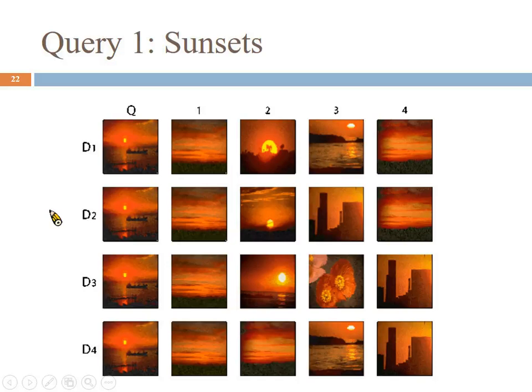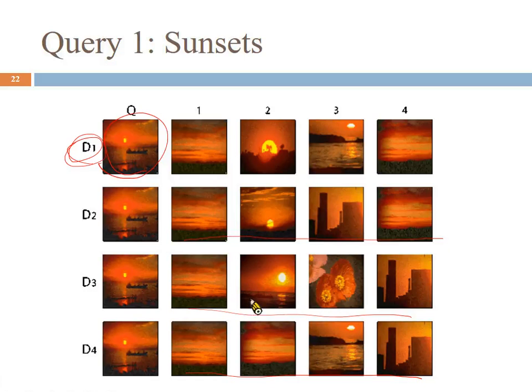So here, let's go through the 4 benchmark queries. The first query is sunset. Here is the query image, and here are the top 4 returned images based on the D1 distance metric. We can see that most of them are correct. And here are the returned images based on D2, based on D3, and based on D4.